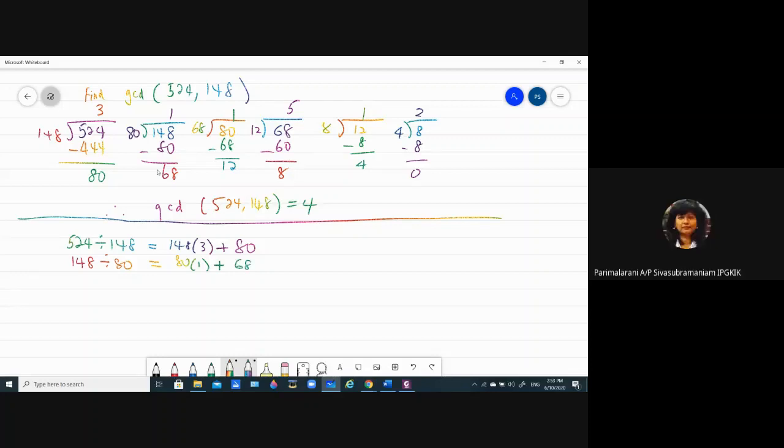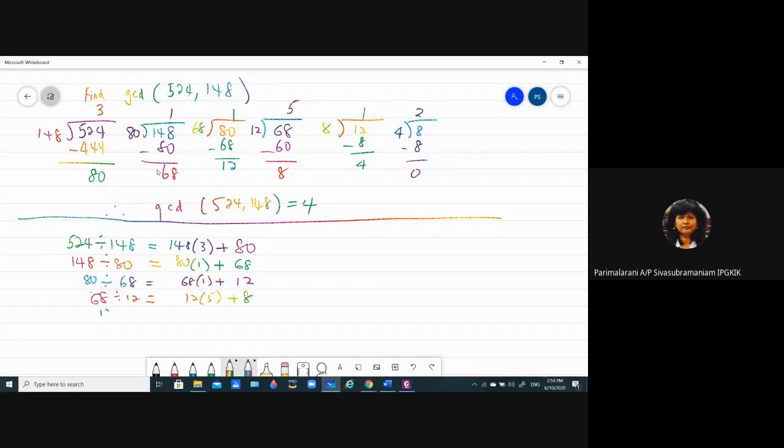So what is the next line? 80 divided by 68 is 68 once, plus 12. The next line will be 68 divided by 12. How many 12 times? 5 plus 8.